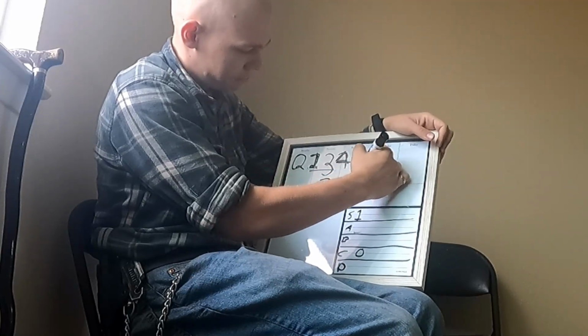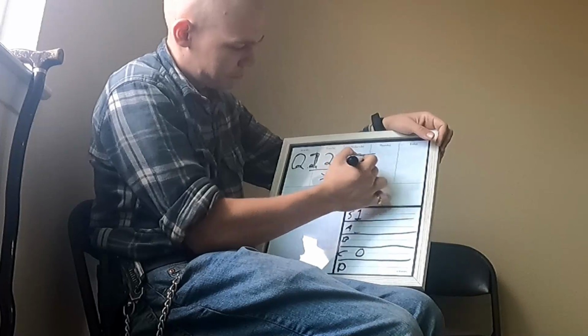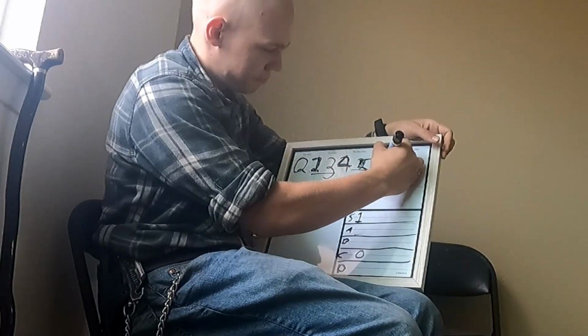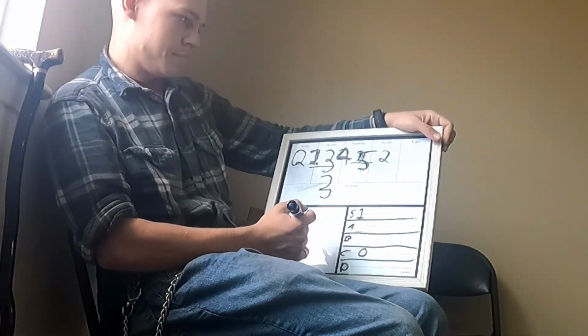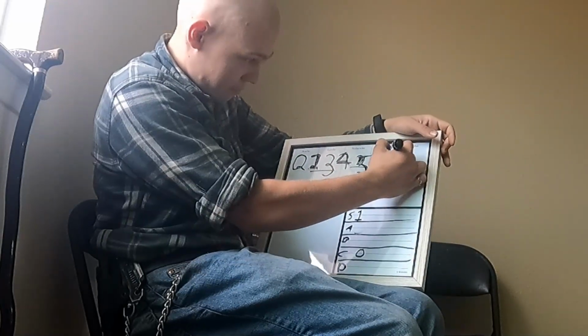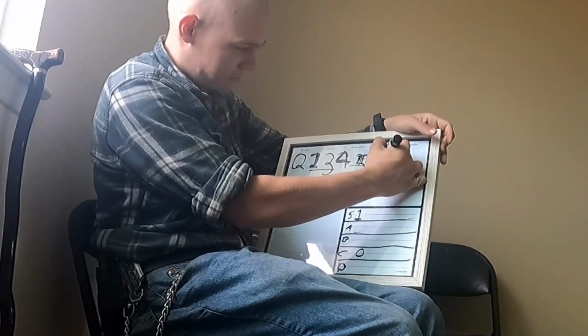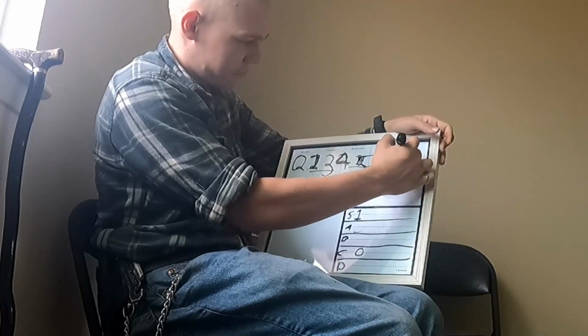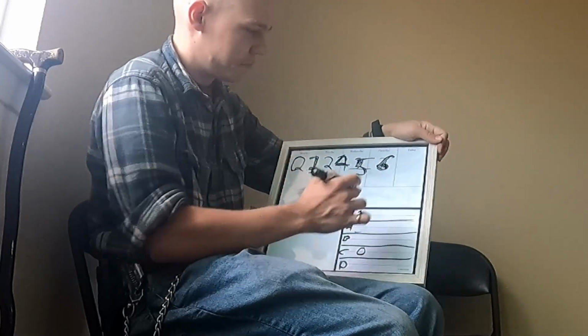It's huge now. Turning 2 into a 6. Can you turn 2 into a 6? No, you just gotta bold that thing out. Turning 2 into a 6 is ugly.